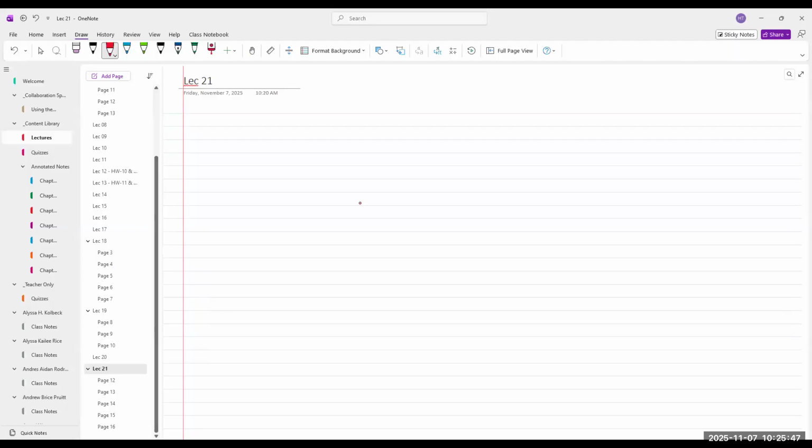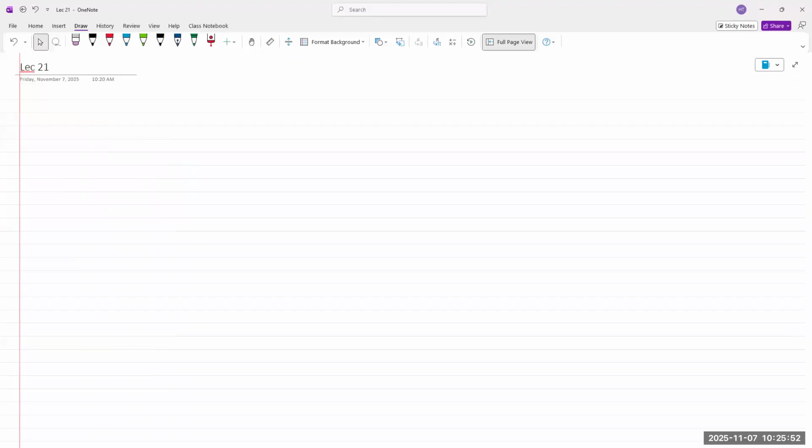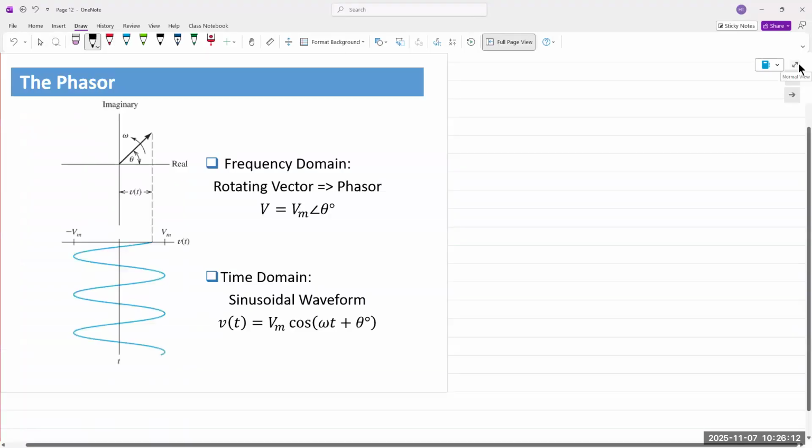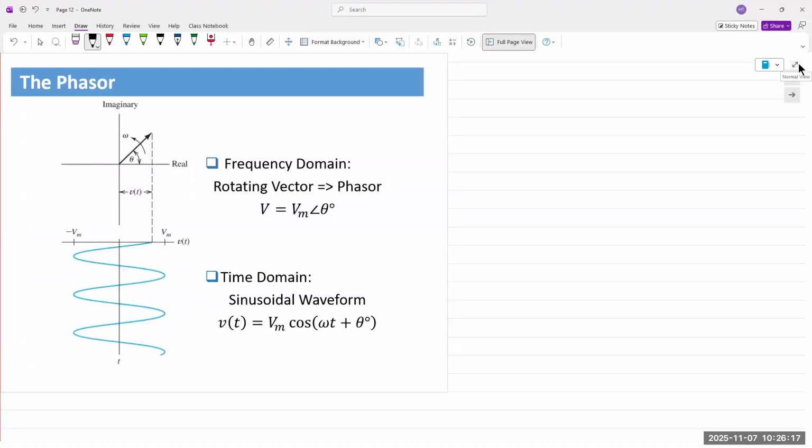All right, AC analysis. And then we'll go into the individual pages. So the first thing that we talked about was phasors, right? Phasors are basically vector representations of a time-varying sinusoidal waveform.